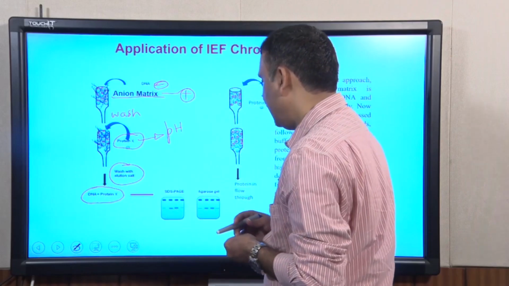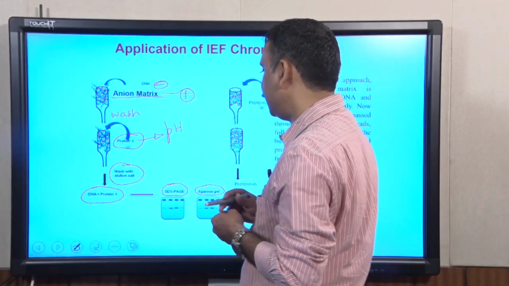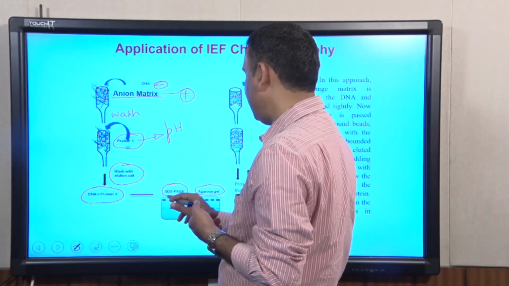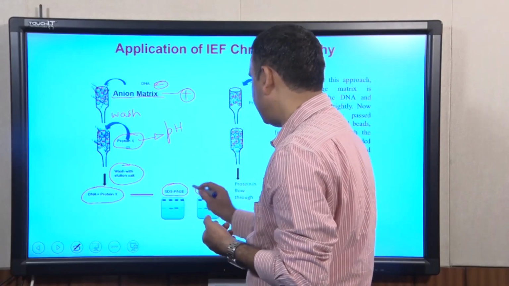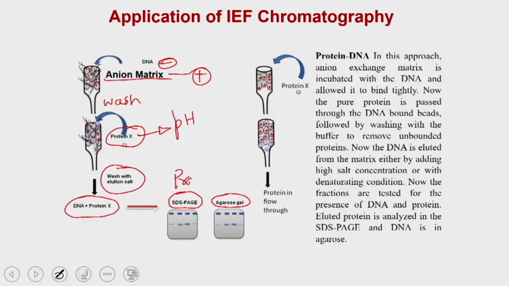Once you analyze these, the protein can be analyzed on SDS-PAGE, whereas the DNA can be analyzed on agarose. Once you elute the complexes from these beads, you get different fractions, and all these fractions can be analyzed on SDS-PAGE as well as on agarose gel. The protein is analyzed on SDS-PAGE, whereas the DNA is analyzed on the agarose gel.